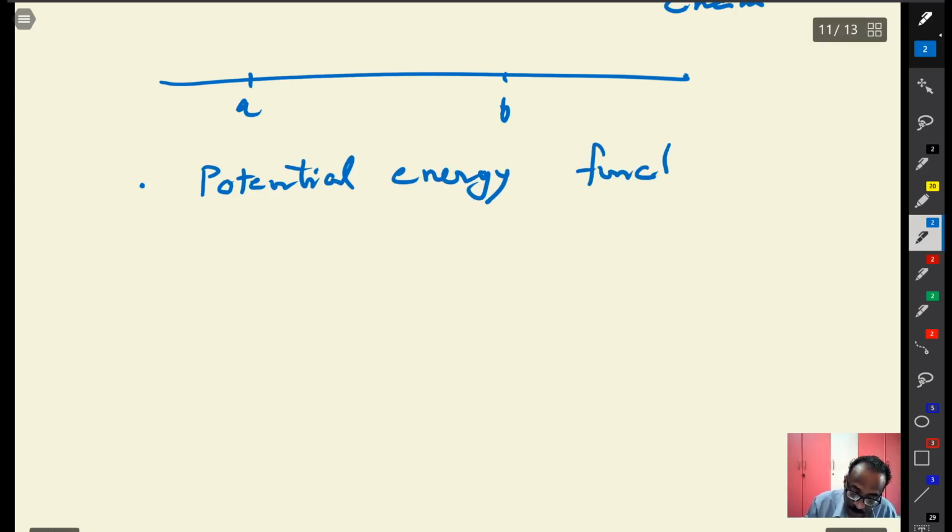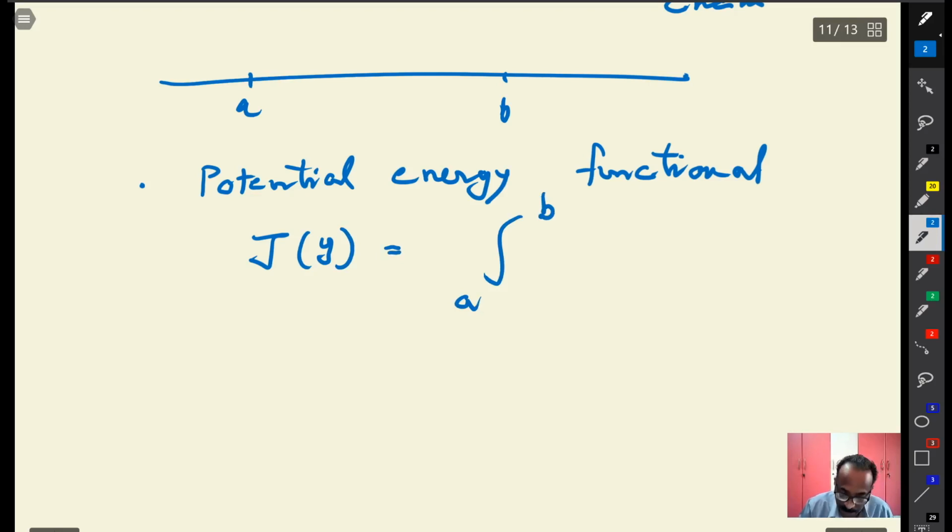You put the coordinates appropriately, and the potential energy happens to be mgh. You can normalize it if you want. The potential energy is the integral from a to b of y of x times the square root of 1 plus y prime of x squared. For a small piece, you compute it and then write this down.